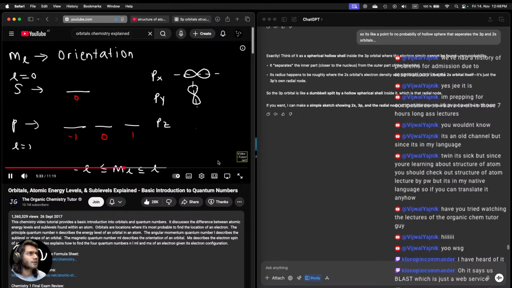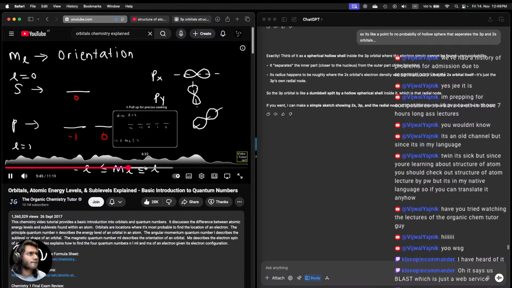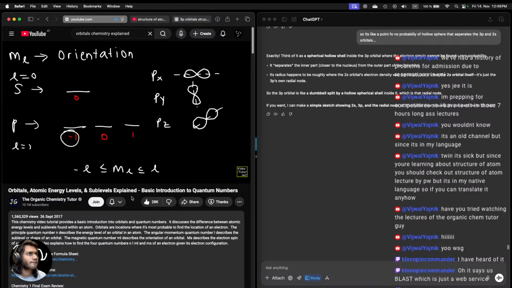And then you have pz, which is along the z-axis. And so these 3 orbitals within the p sublevel have different orientations. So one of these numbers corresponds to px, one of them corresponds to py, and the last one corresponds to pz. It doesn't have to be in that order, but each orbital corresponds to one of these designations.